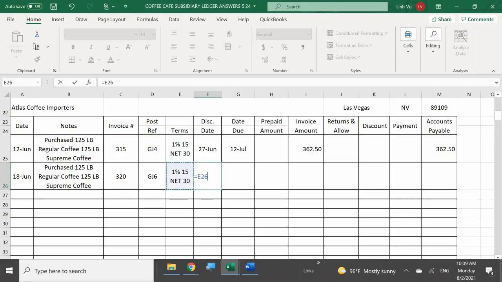So, what is going to be my discount due date? The 3rd of July. What is going to be my actual due date?